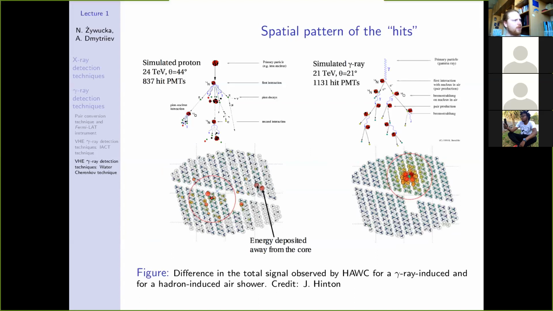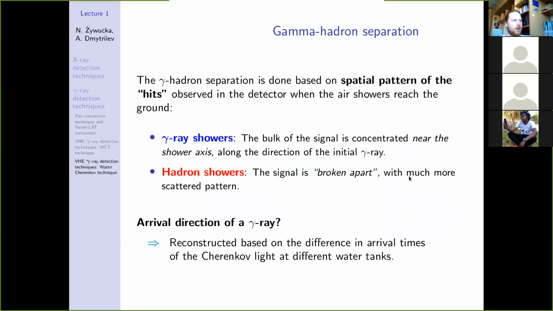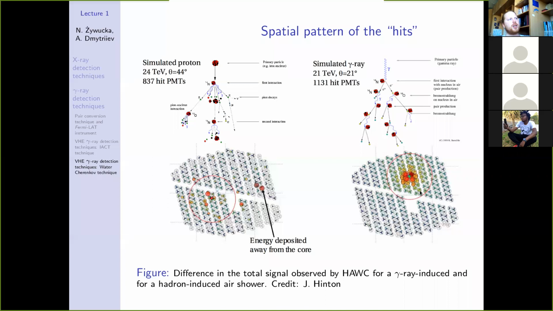Each water tank has a timestamp for when the Cherenkov flash occurred, and based on differences in arrival times, you can reconstruct the development of the air shower, and hence from where the initial particle, the proton or gamma ray, arrived. In the case of gamma ray, it's very simple because all the signal will be concentrated along the direction of the initial gamma ray.